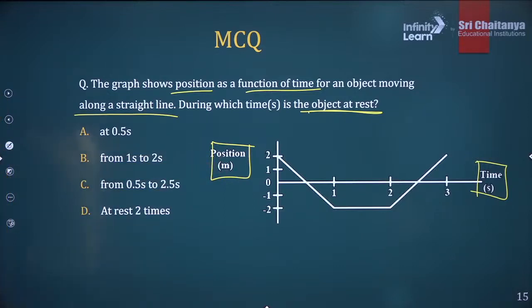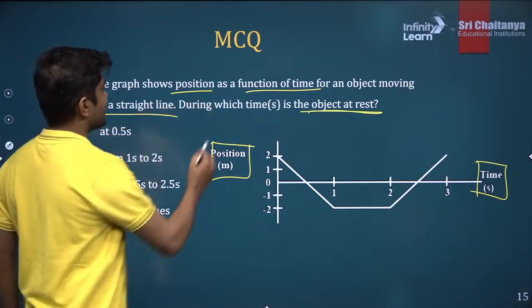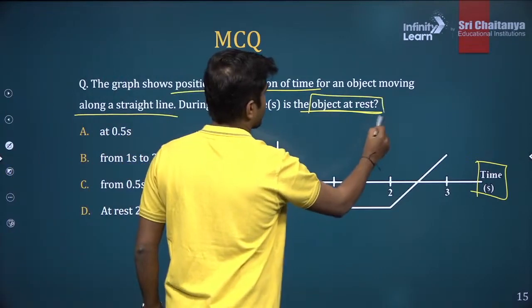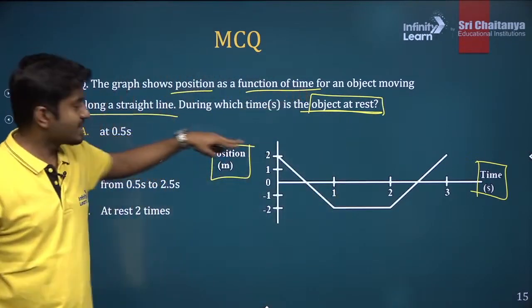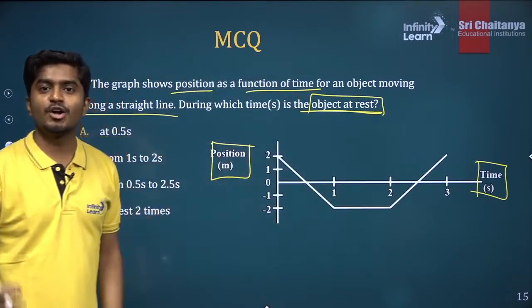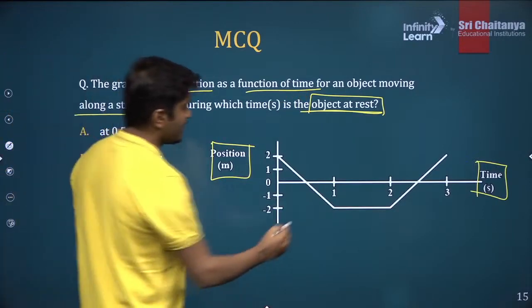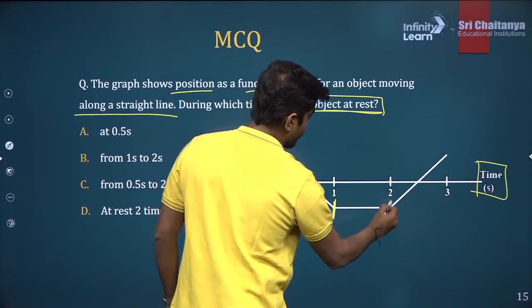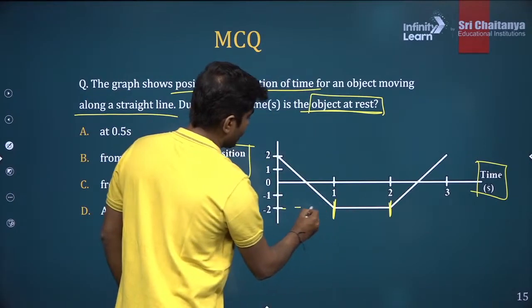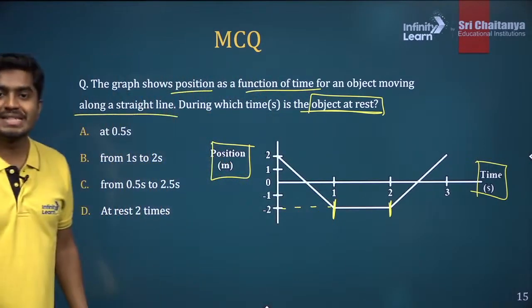Answer C is correct. Okay. All right. Object at rest means the position of the object does not change with time. You see here, from this position to this position, the position of the object is fixed.